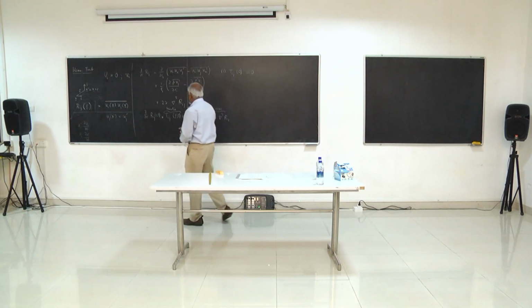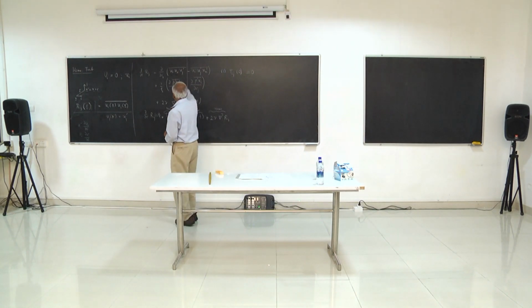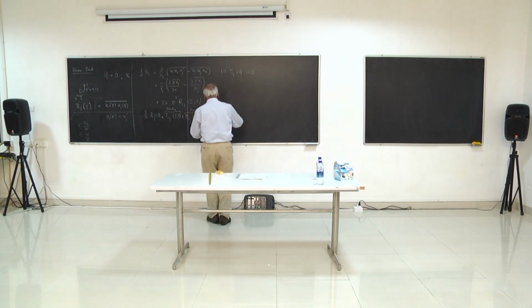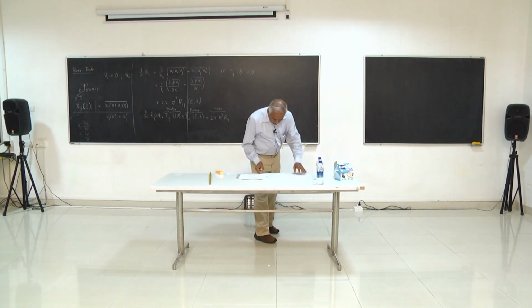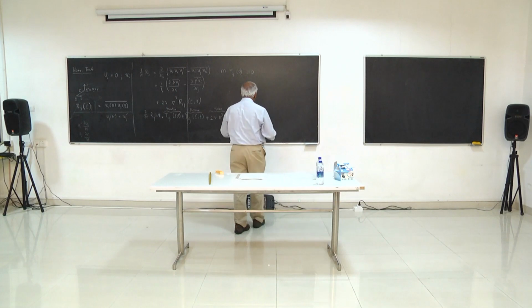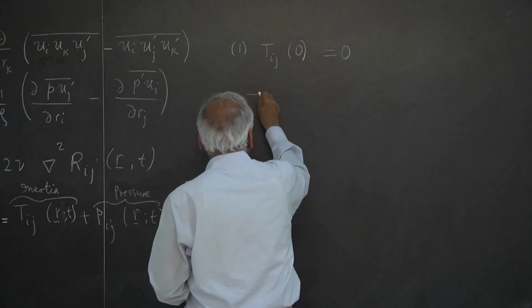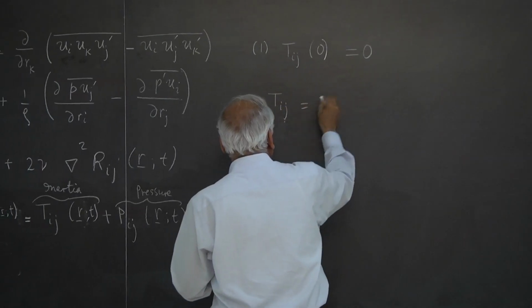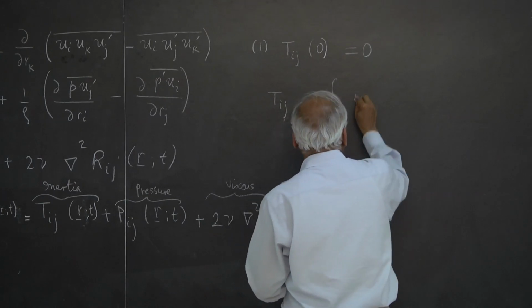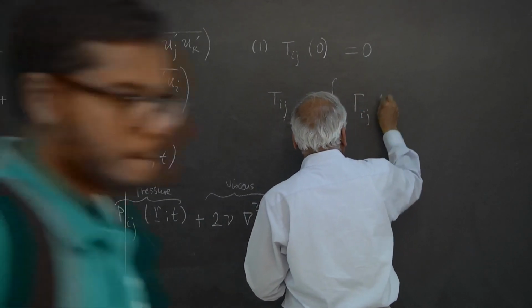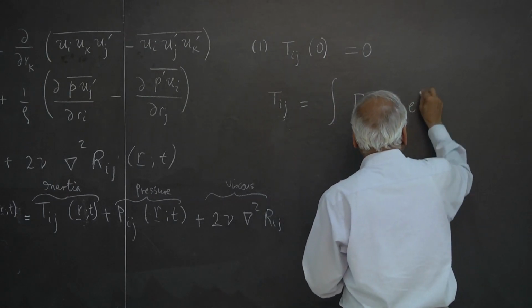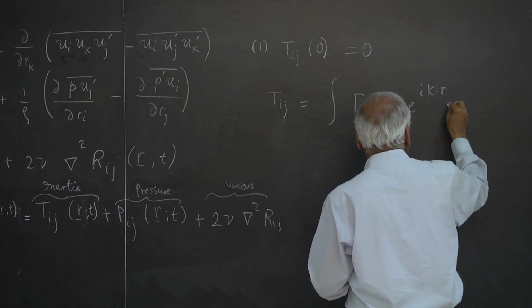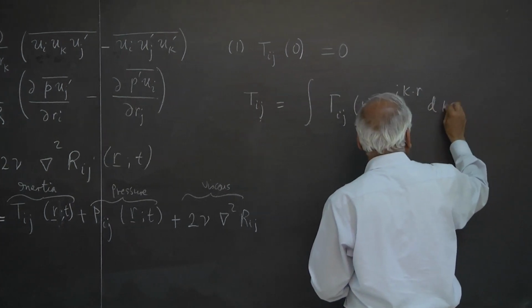Now, just as we defined the Fourier transform of R_ij, you can define the Fourier transform of this T_ij. Let's invent a thing called gamma_ij of k, e to the power i k dot r, dk.